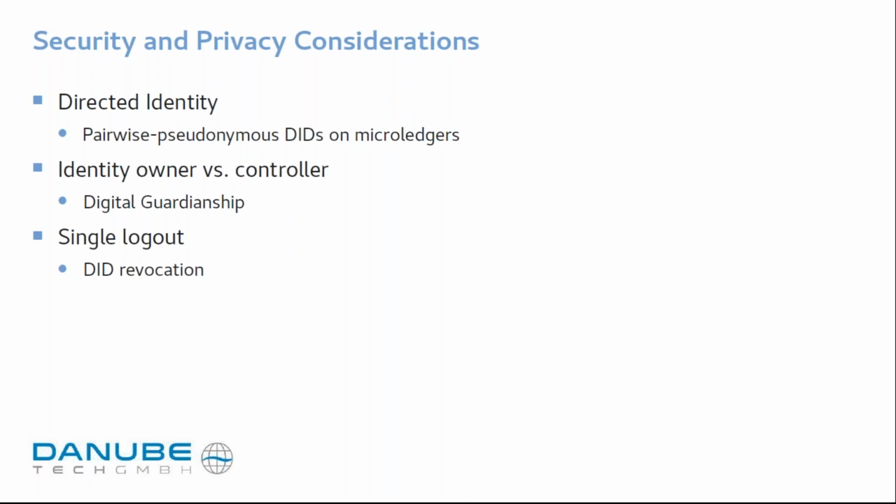There are some thoughts about single logout, which is always an important or challenging feature in traditional authentication protocols. After I've authenticated and logged in and established connections with a lot of relying parties, I usually want a way to revoke those, to log out everywhere, right?